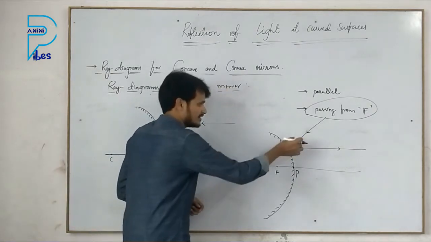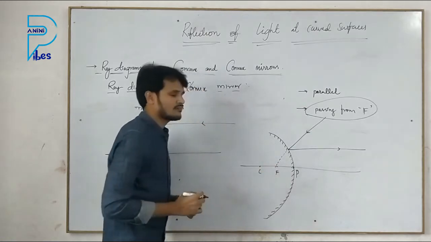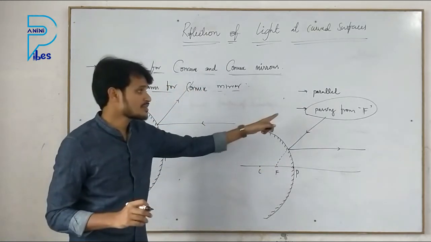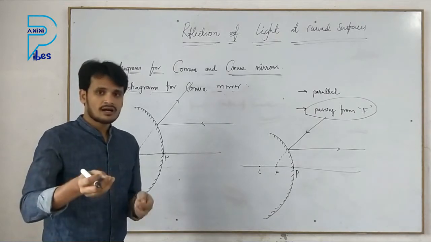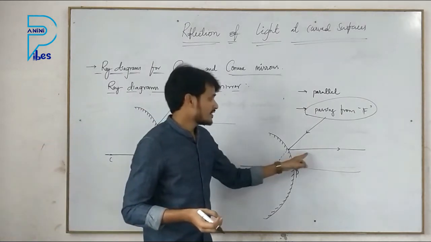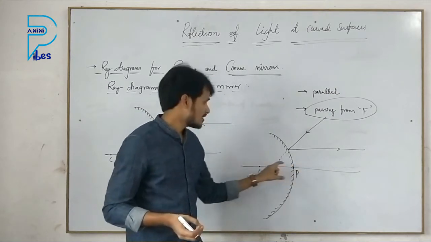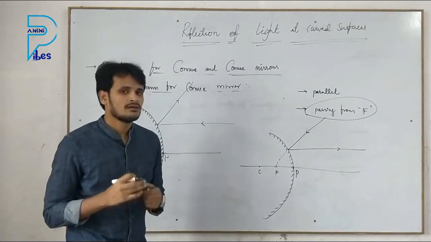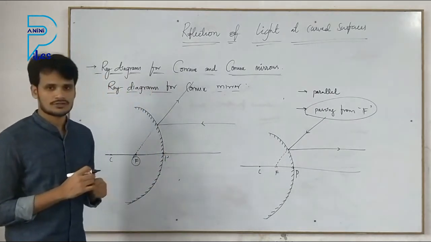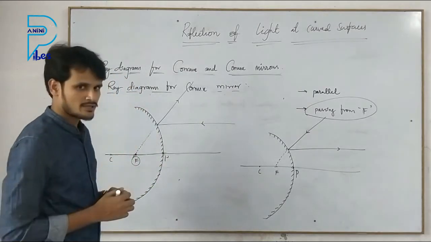If you extend the incident ray inside, the incident ray is also coming from the focus. So here the reflected ray is parallel to the principal axis. If the reflected ray is parallel to the principal axis on a convex mirror, definitely the ray is coming from the focus. Understood?